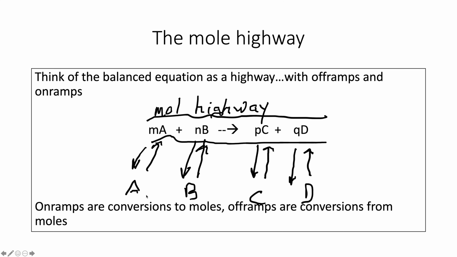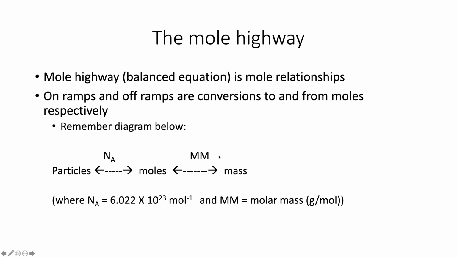So if these are grams or particles, the on-ramps are converting to moles. This is all moles. So you have to first get to moles, then we use the balanced chemical equation to get to moles of something else, and then we would get out of moles. So the off-ramps would be getting from moles, right? Which is basically what this slide says. So on-ramps and off-ramps are conversions.